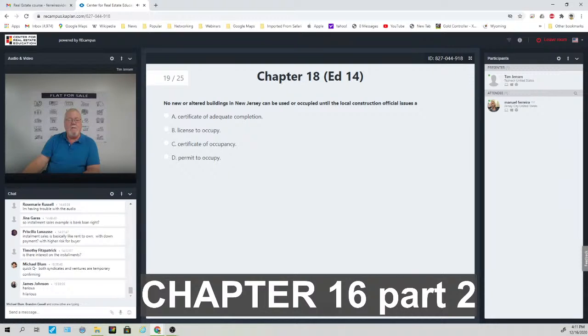And the 24. A developer advertises property for sale in Vermont to New Jersey residents. The advertisements are all in French.